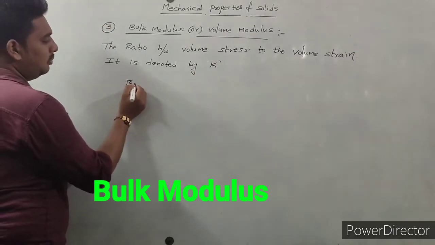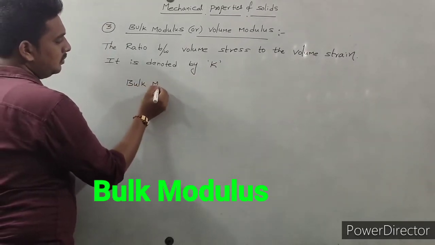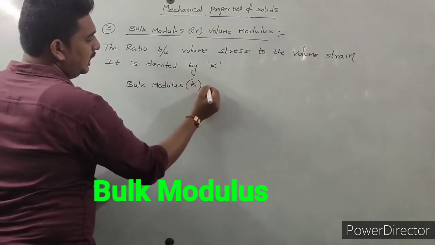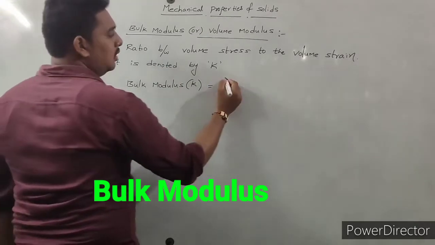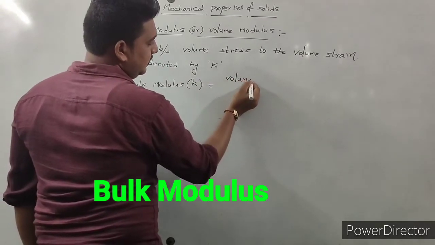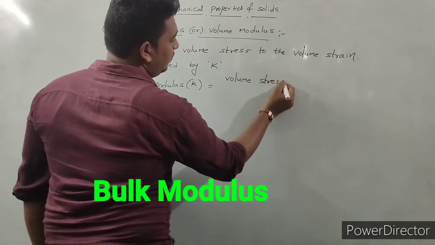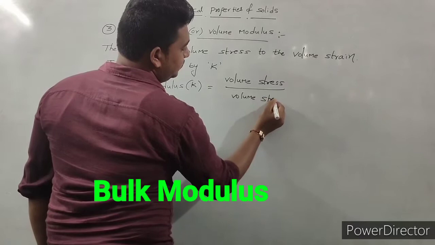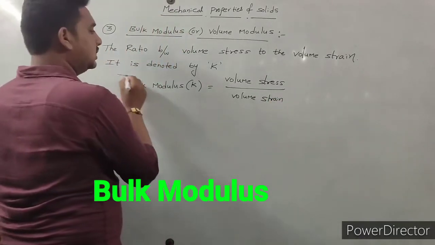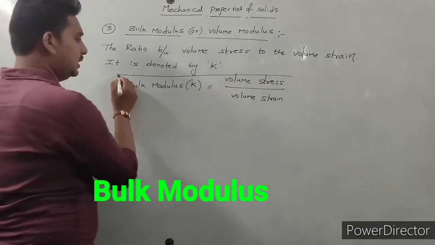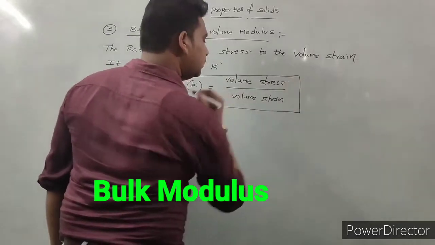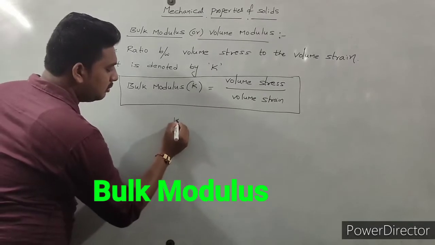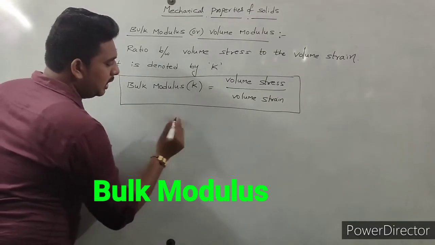So now bulk modulus, denoted by K, is equal to volume stress by volume strain. This is a mathematical formula. How can we denote it?